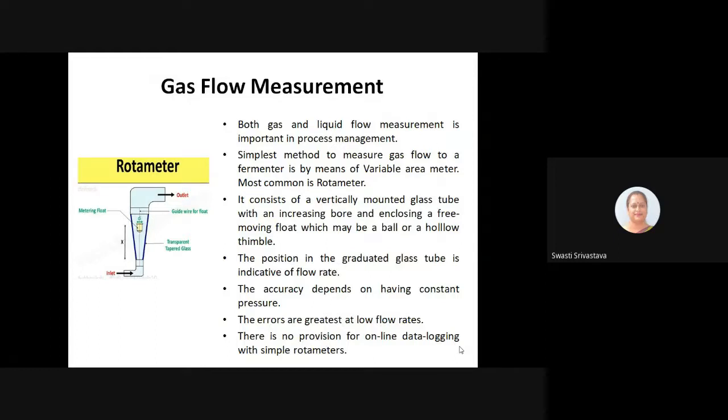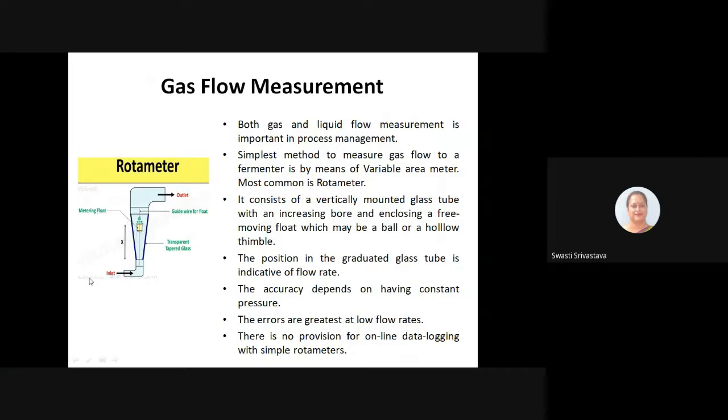The simplest method to measure the gas flow is by means of a variable area meter, and the most common variable area meter is a rotameter. Here we can see a typical diagram of a rotameter: there is a transparent tapered glass, and it has a metering float.